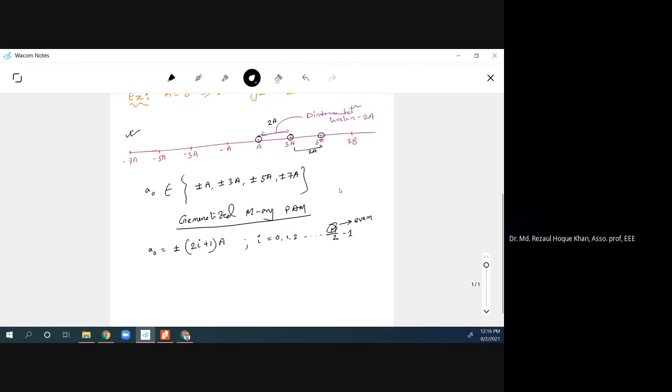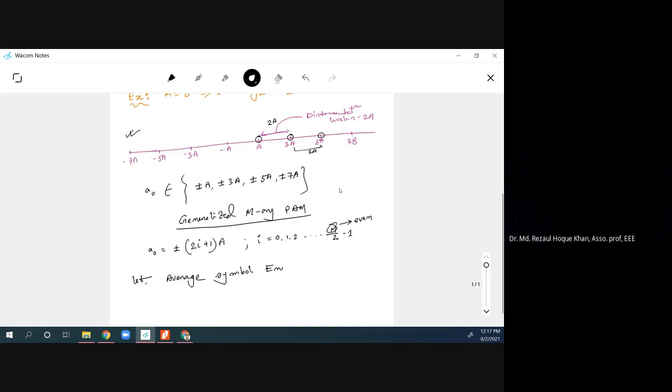So let us assume the average symbol energy. We are not saying bit energy because it's actually symbol. Each symbol contains 2 bits, 3 bits, and so on, but here the symbol is the unit.